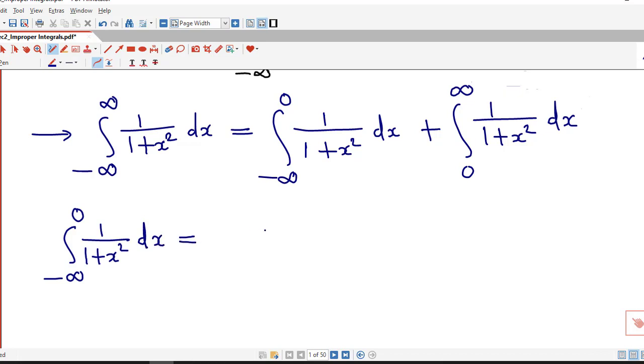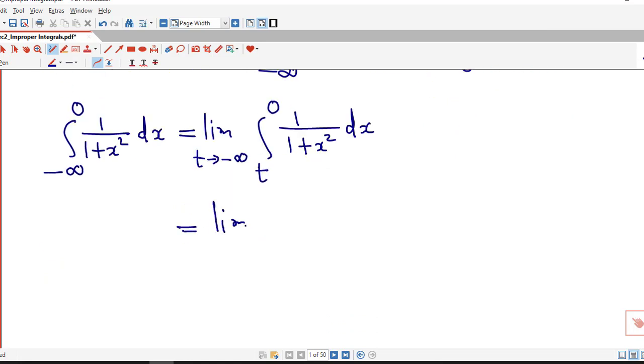By the definition, instead of the lower limit minus infinity we write t, evaluate the integral from t to 0, and then take the limit as t tends to minus infinity.